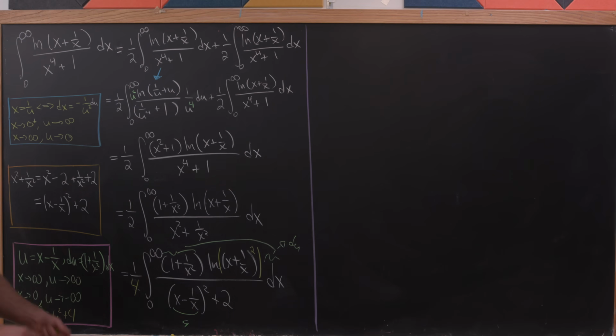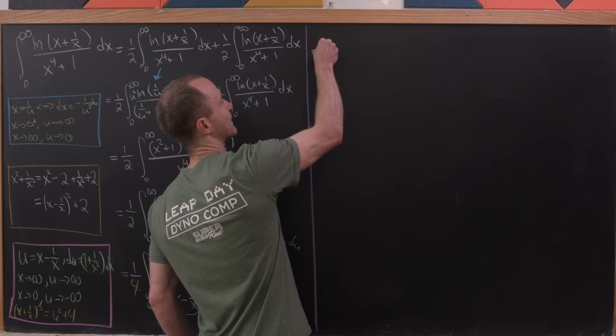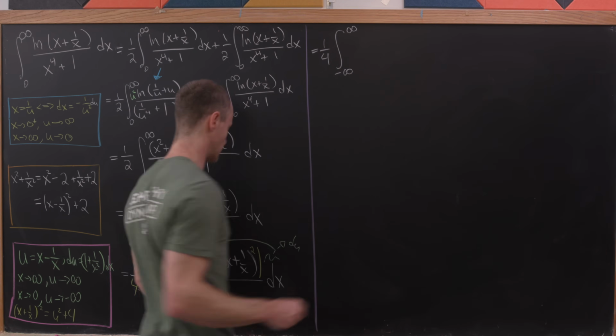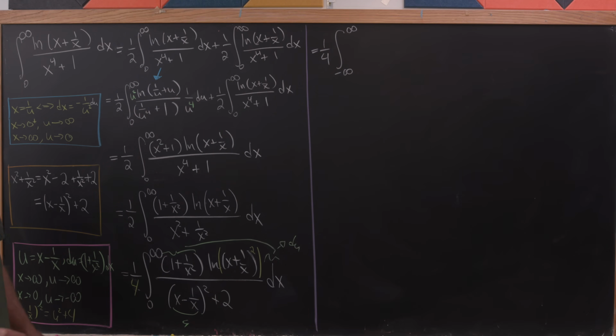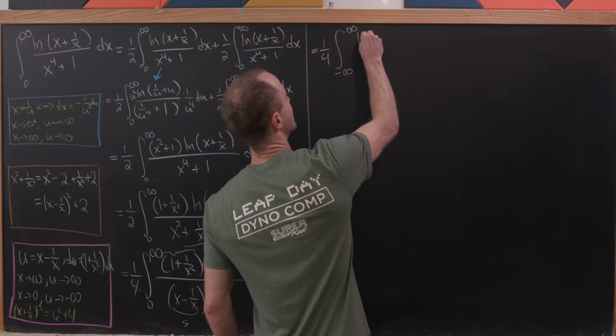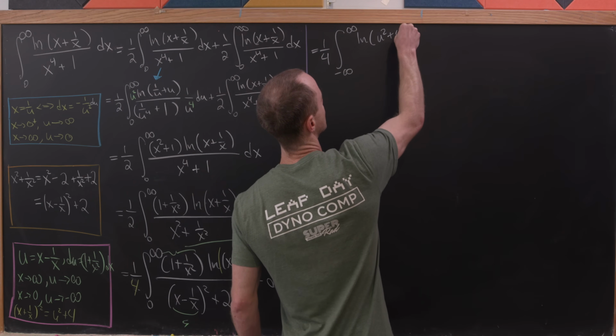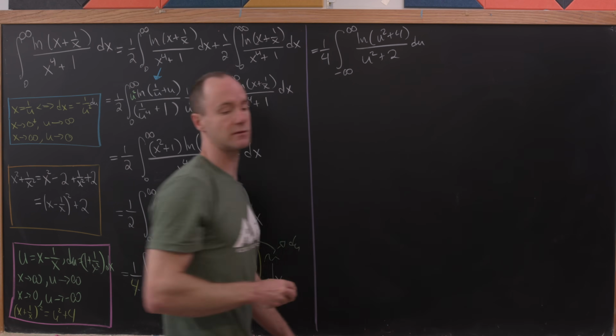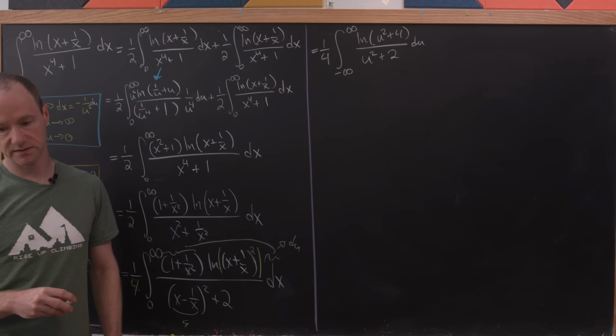Okay, so now let's rewrite our integral in terms of our u's. We've got minus infinity to infinity, like we said before. Notice those are our du components. We have the natural log of u squared plus 4, like we discussed, over u squared plus 2 du. Okay, nice.